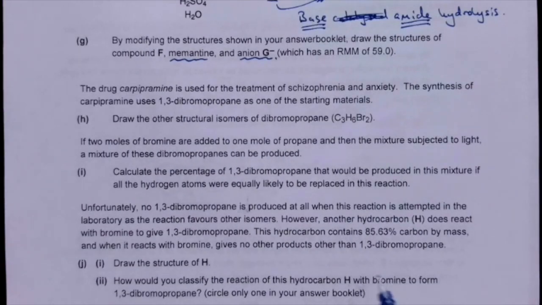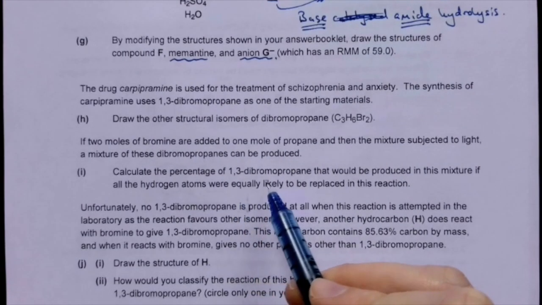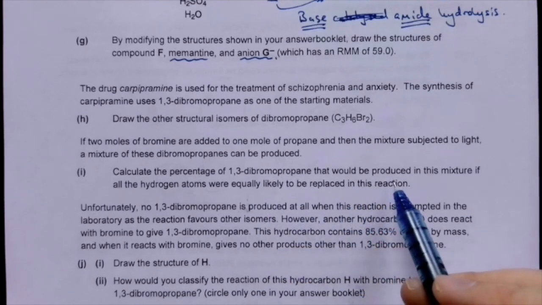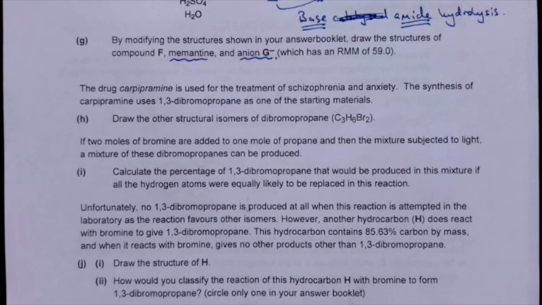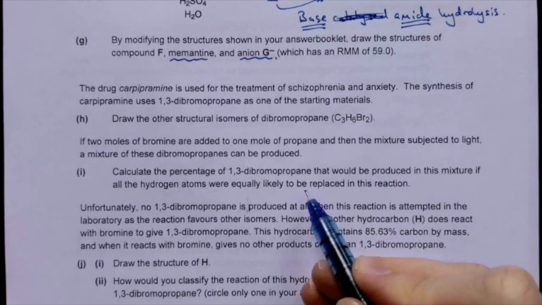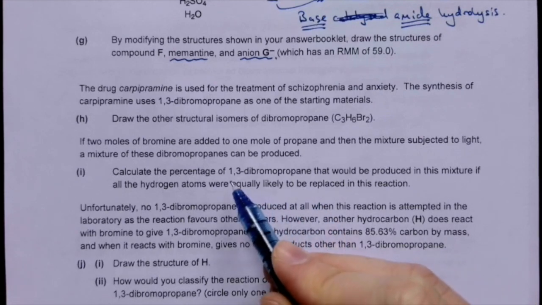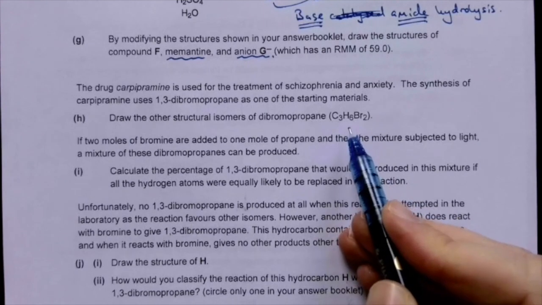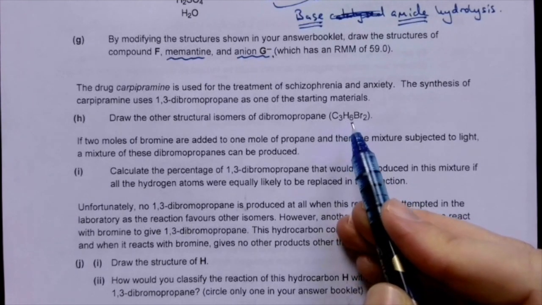And the question is asking us to calculate the percentage of 1,3-dibromopropane that would be produced in this mixture if all the hydrogen atoms were equally likely to be replaced in this reaction. So you're obviously going to get your 1,3-dibromopropane and any other isomers of dibromopropane that you can think of.